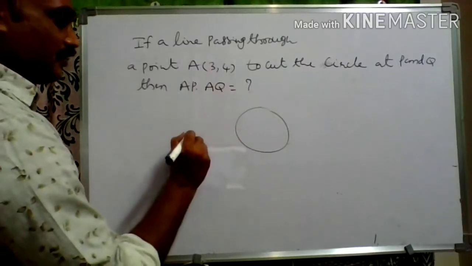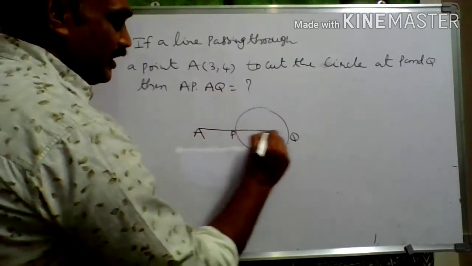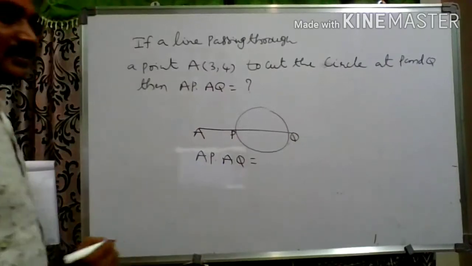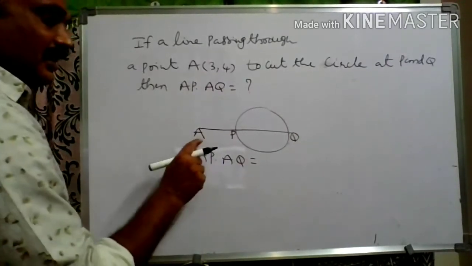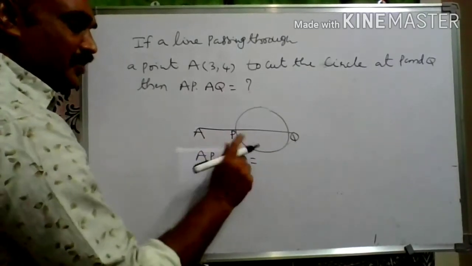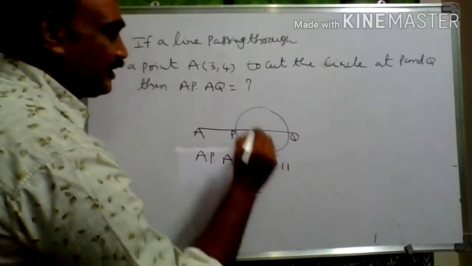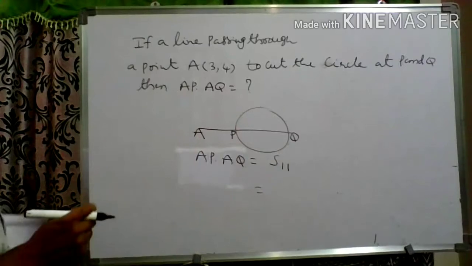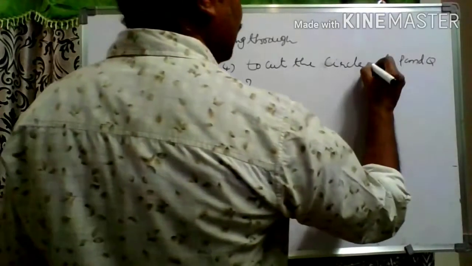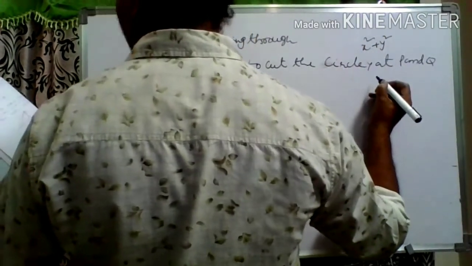Friends, we already discussed the theorem. The line passing through the point A intersects the circle at P and Q, so AP into AQ is equal to S11. Here the circle equation is x square plus y square is equal to 4.